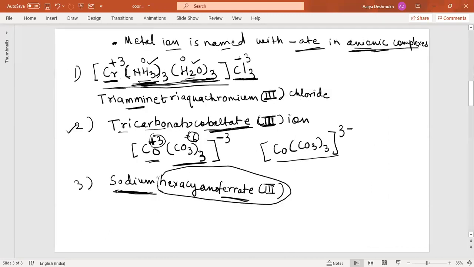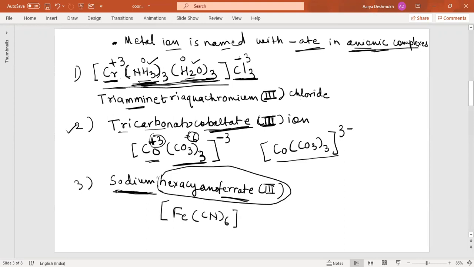So first we go for this hexacyanoferrate. Ferrate means Fe. How many cyanide are there? Hexa, 6. Now there is nothing else in the coordination sphere, so you close the bracket here.